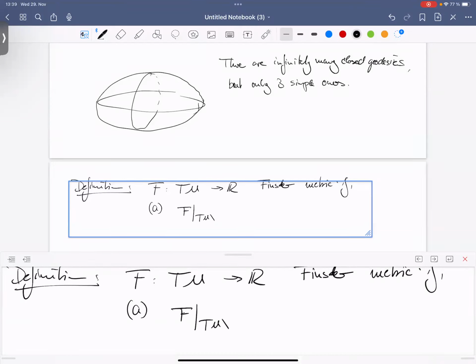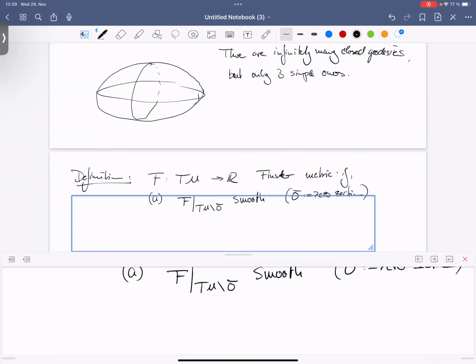If you restrict the Finsler metric outside of the zero section, it is a smooth function. Here is the zero section in your tangent bundle. F is actually, like I said, a norm.